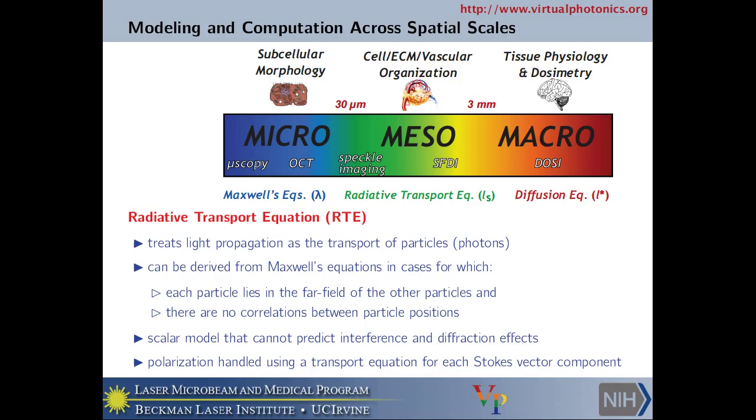So on a particle description, you want to make sure that the particles aren't arranged in an order such that you can actually sustain interference, because this does not consider interference at all. It's a scalar model. Okay, is that okay? Other questions?